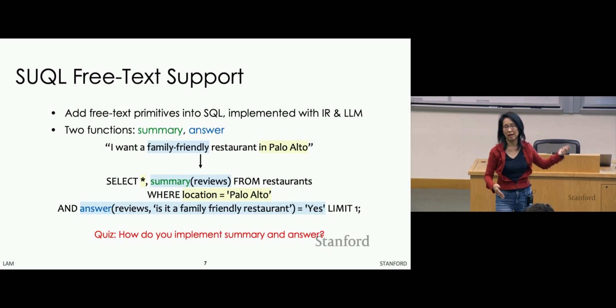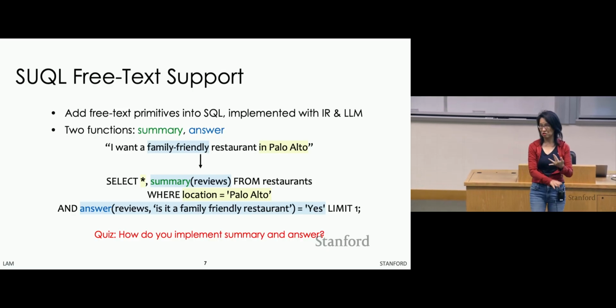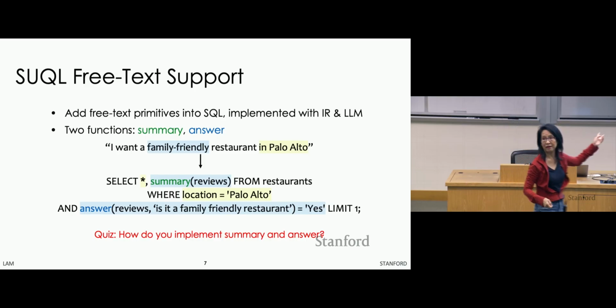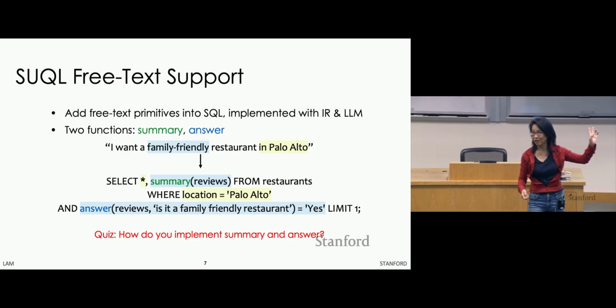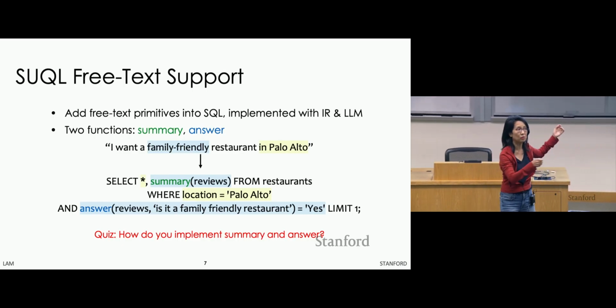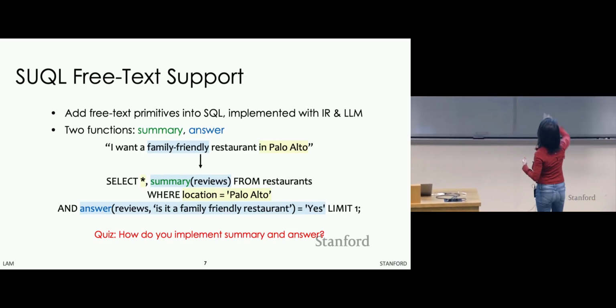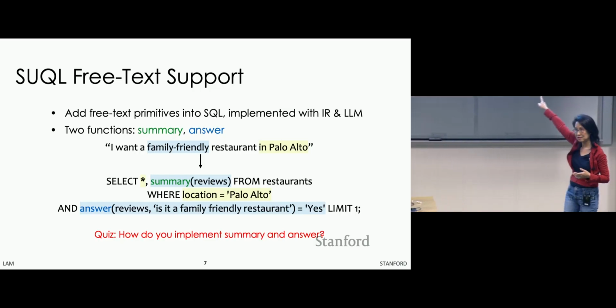This is really to say I have many reviews, many restaurants. Even under Palo Alto, find me a review that talks about family friendliness. This is just to retrieve the article. And then with that article, you ask the LLM, does it say yes?